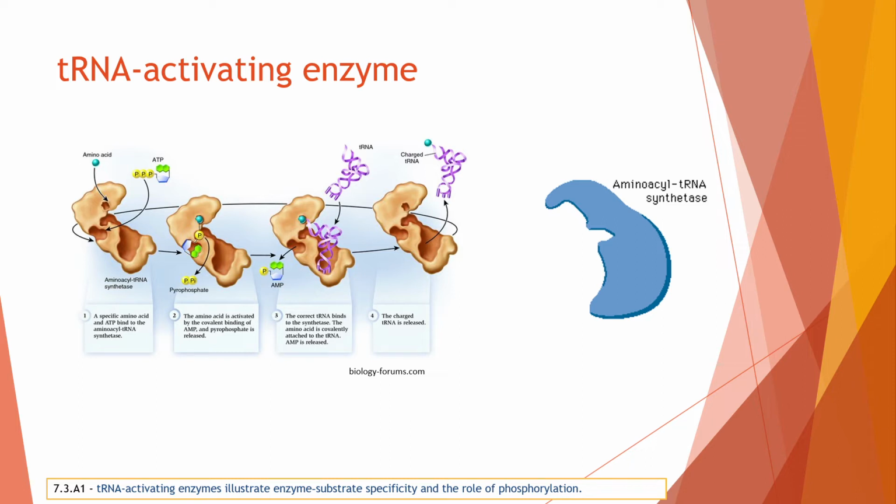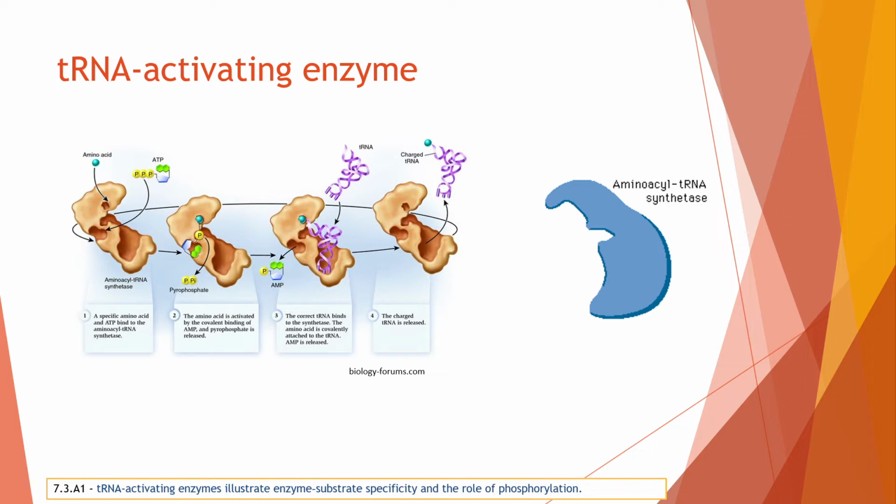In this case, when the ATP arrives and then phosphate groups are separated from ATP, this is what provides energy for the reaction. This is an example of substrate level phosphorylation. If you don't remember what substrate level phosphorylation is, go back to the part of our cell energetics unit when we talked about ATP and its roles in the organism. Then you can recall what phosphorylation is, namely substrate level phosphorylation.